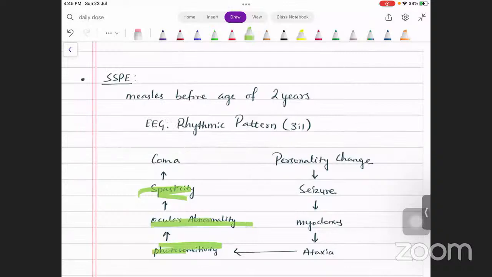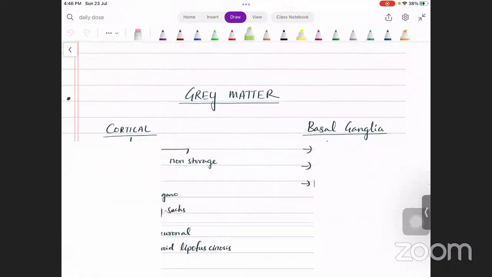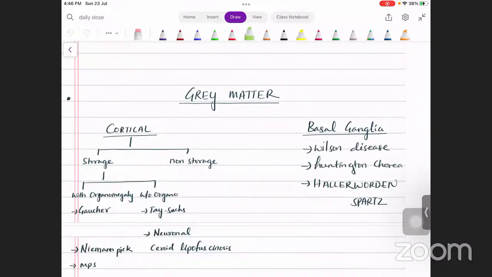Technically speaking, coma is the last stage: it starts from photosensitivity to ocular abnormality to spasticity and then to coma. Among the physical changes, we observe personality change followed by seizure, followed by myoclonus and ataxia. But the main things are photosensitivity, ocular abnormalities, spasticity, and coma, the four important signs of SSPE.